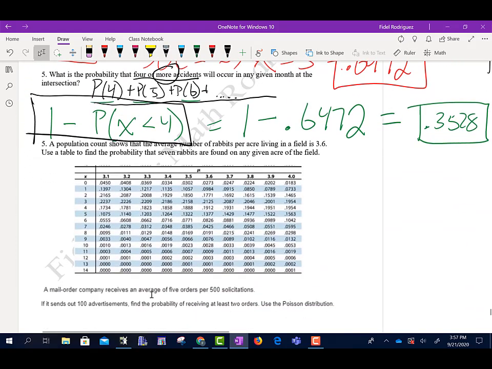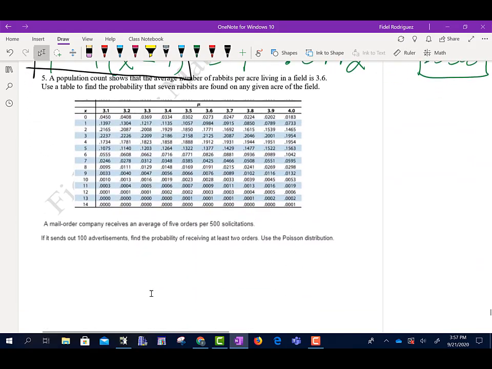Alrighty, let me keep scrolling here. And it says a population count shows that the number of rabbits per acre living in a field is 3.6. Use the table to find the probability that 7 rabbits are found in any given acre of the field. Okay, so look what they're telling me. They're telling me that the average is 3.6. Remember, the mu is the symbol that we use for our average.